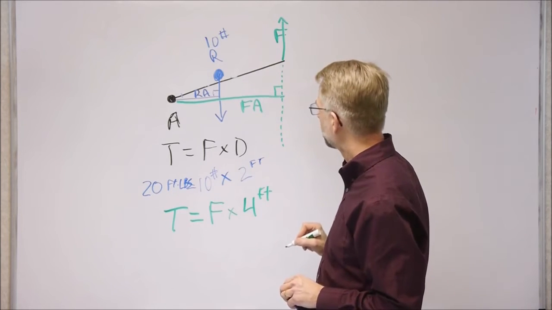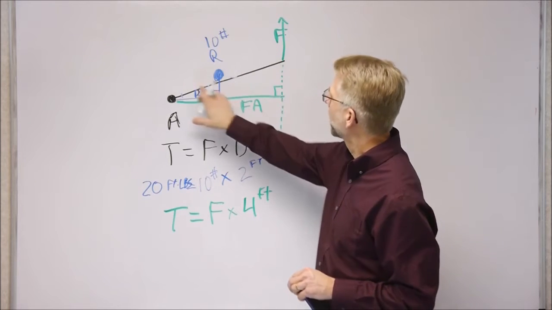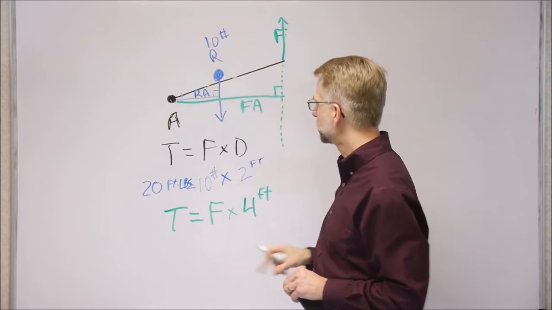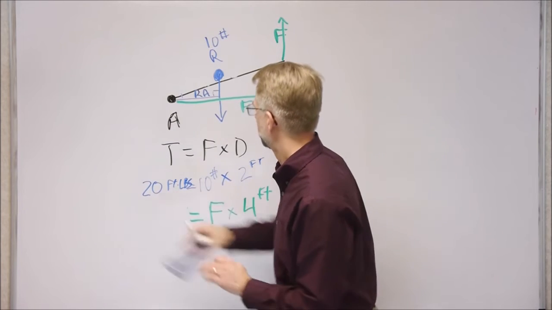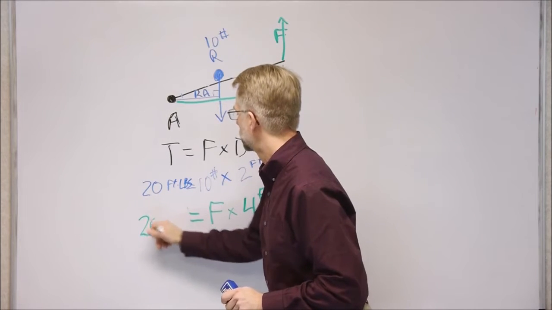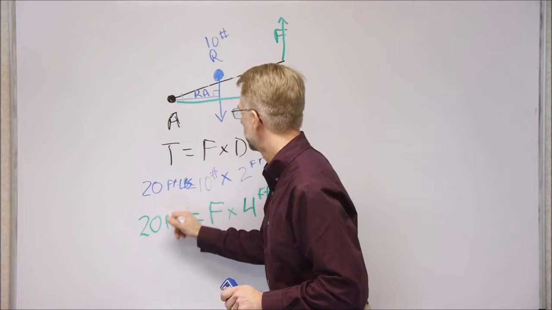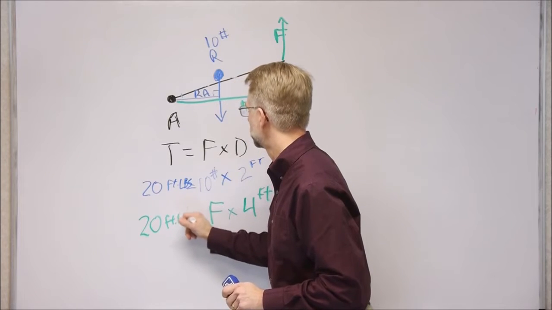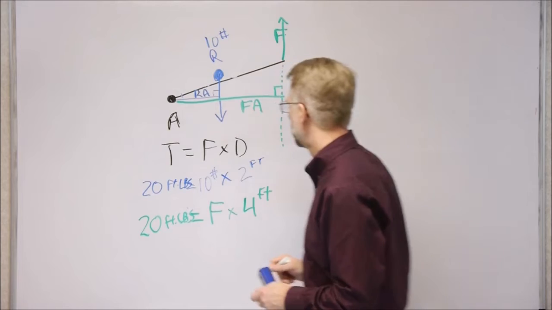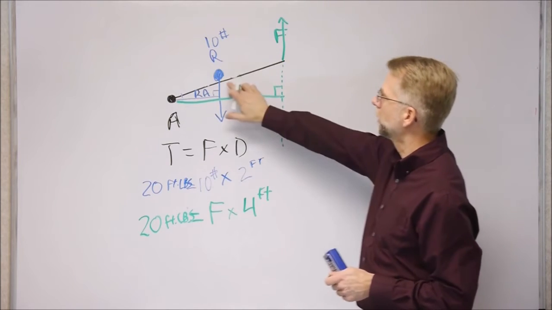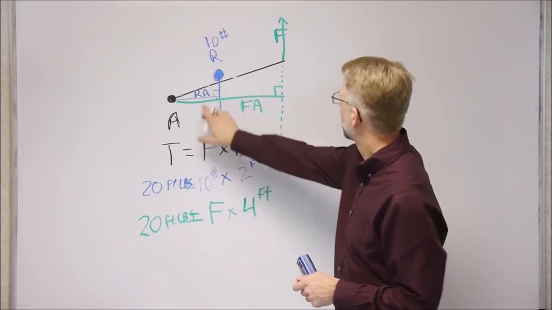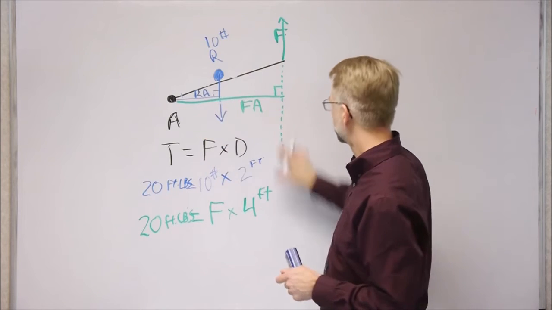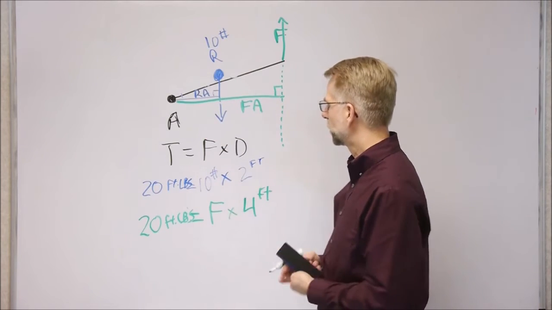In order to just balance the torque from the resistance, I know that I need 20 foot-pounds of torque produced out here just to equalize it. So if 20 foot-pounds, and I know my force arm along here is 4 feet, what is my force going to be?